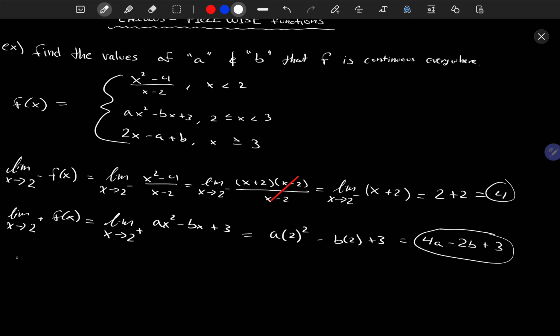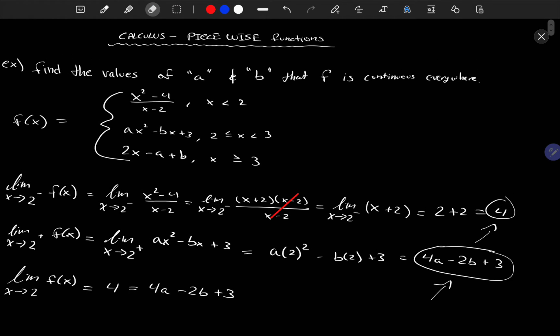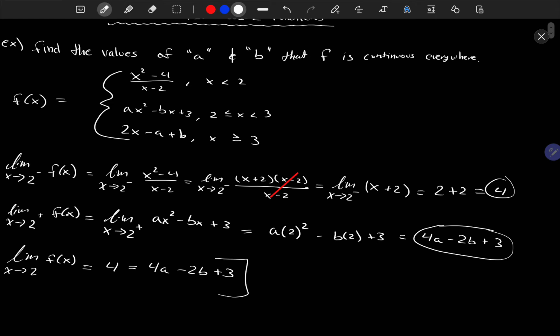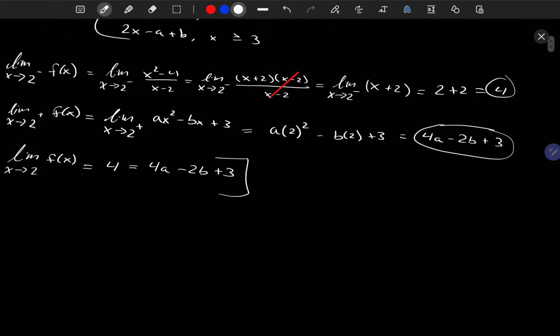So, therefore, we have the limit as x approaches 2 of f of x equals 4, and it equals 4a minus 2b plus 3. Remember that we are finding the values of A and B. Let's just keep that in mind.